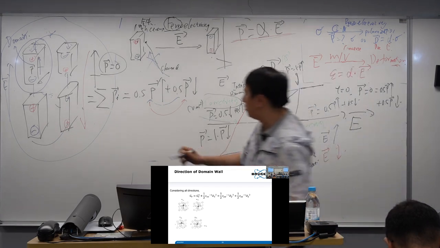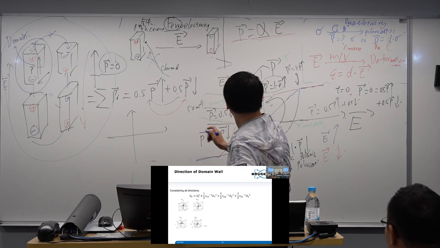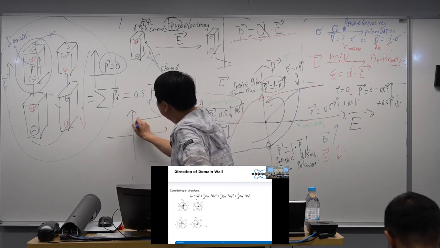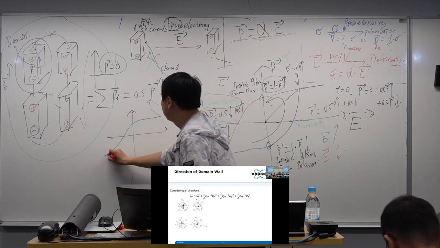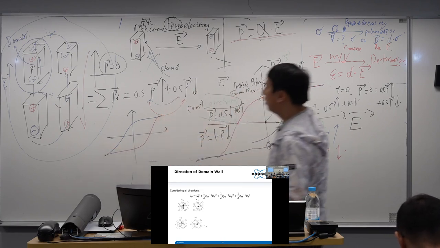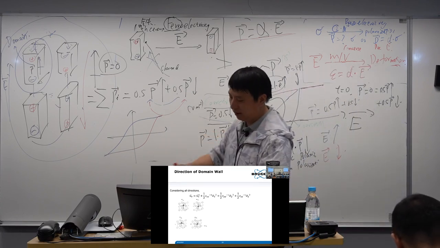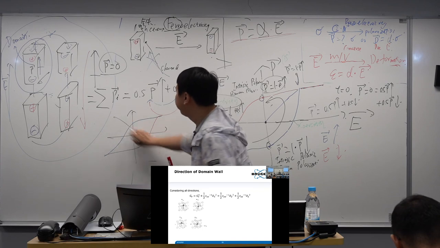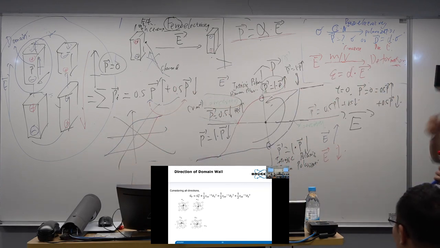If your experiment result is something like this, it's almost the same, but this one is not correct. This one is the correct direction.